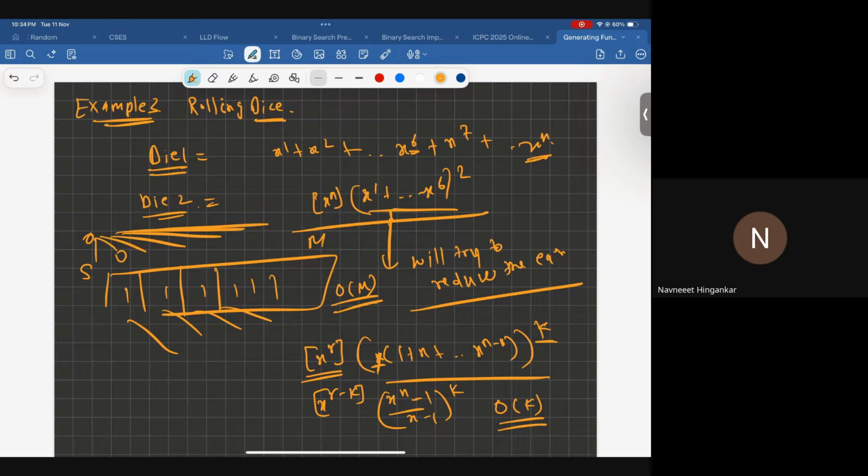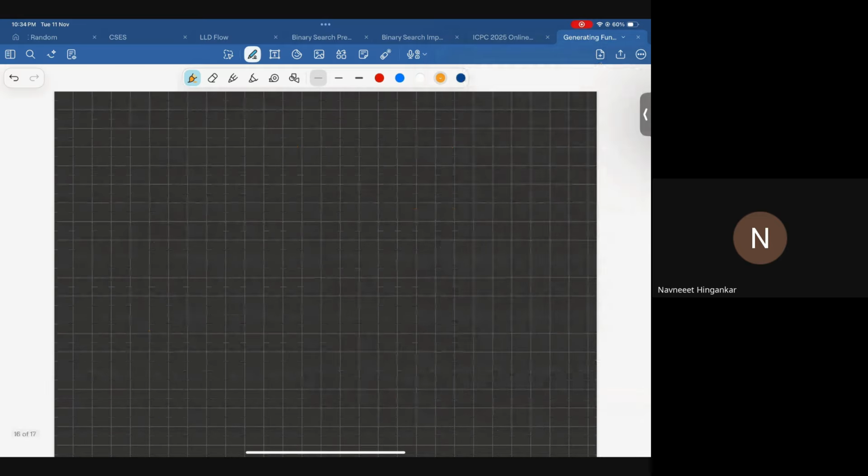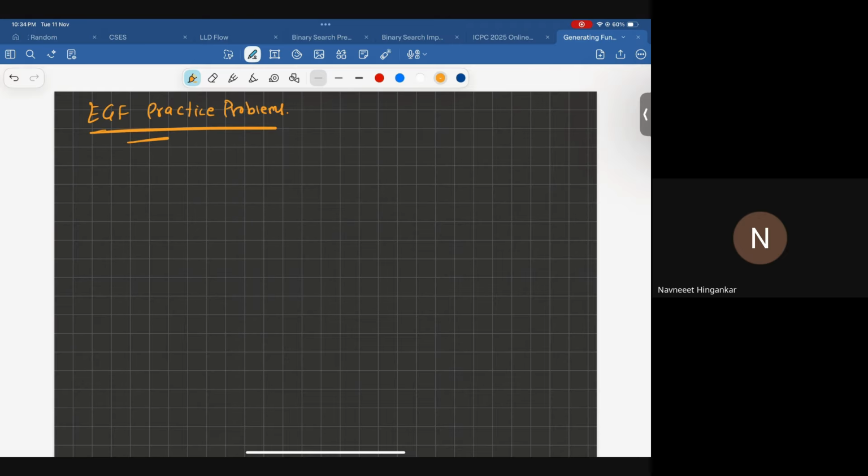Okay, let's take more examples on EGF practice problems. How many three letter words can you make using the letters A, B, C, where you can use each letter at most once? At most once means I can use A, B, C. Why three?